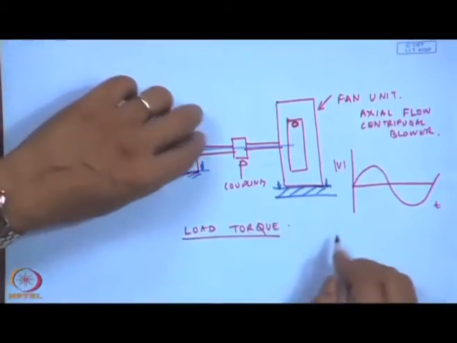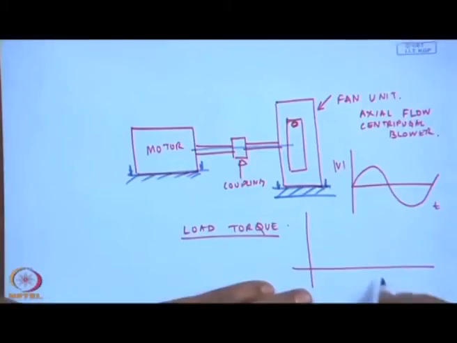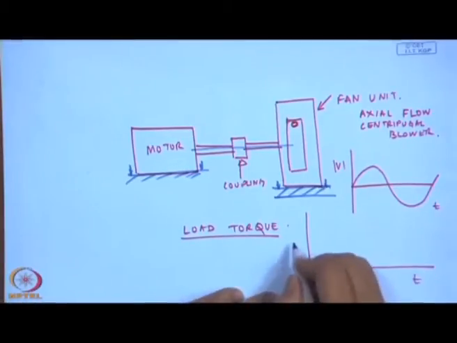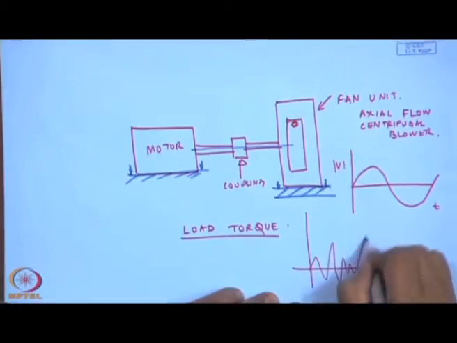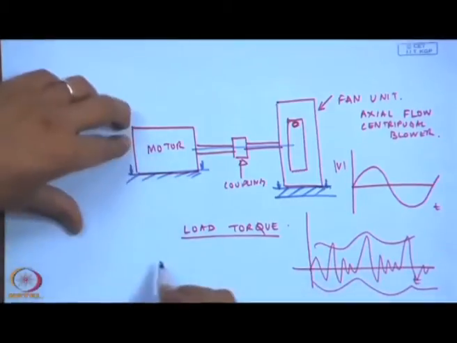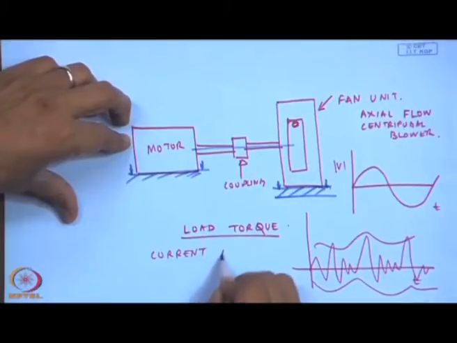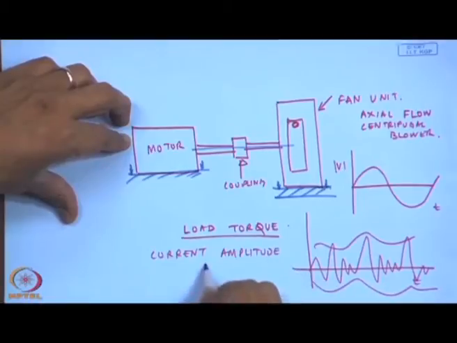Because of this load torque, the current drawn by the motor also changes and the current becomes amplitude modulated.